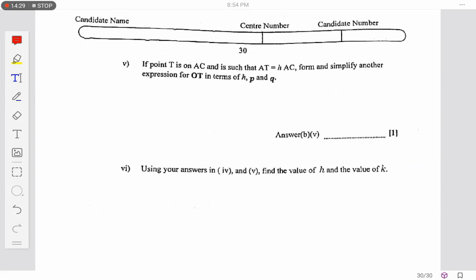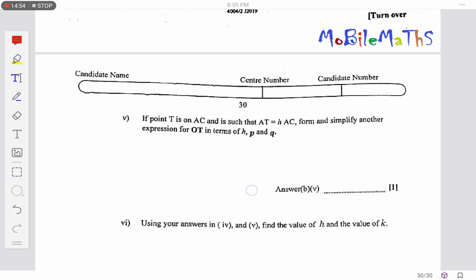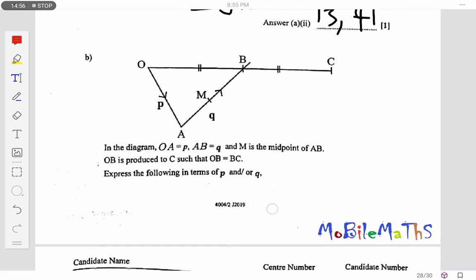If point T is on AC and is such that AT is equal to H AC, form and simplify another expression in terms of OT. Okay, so let me go to our diagram and show you.